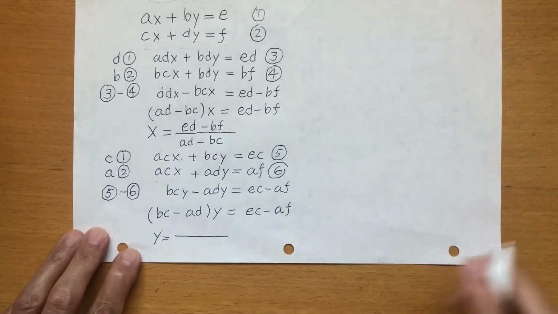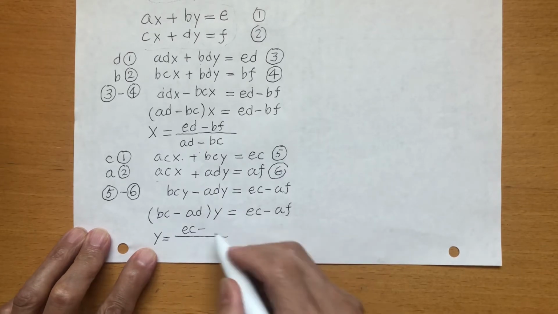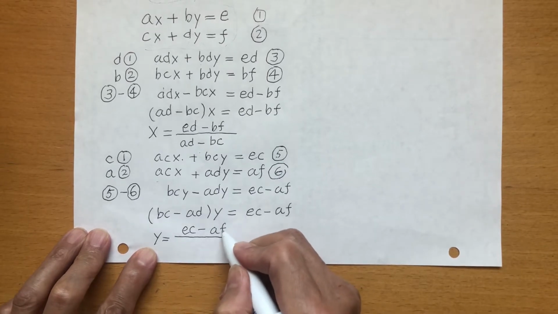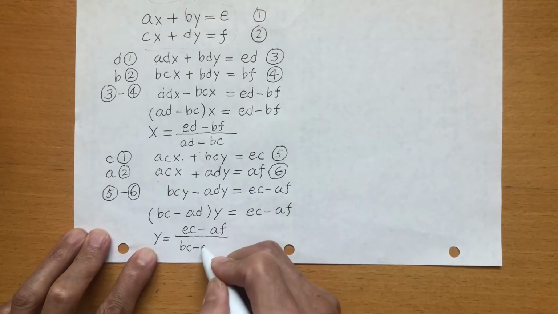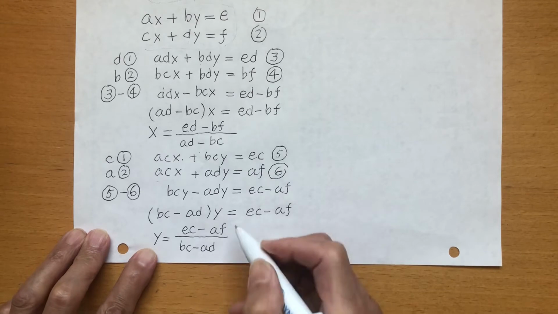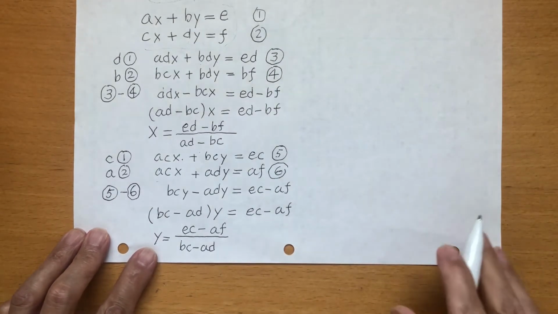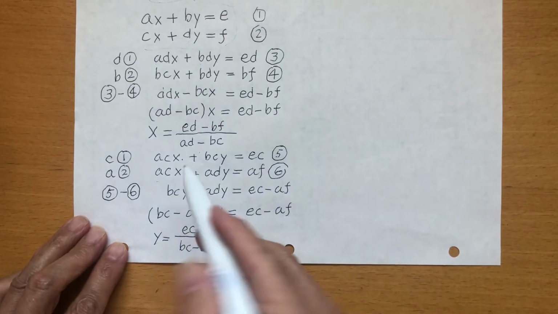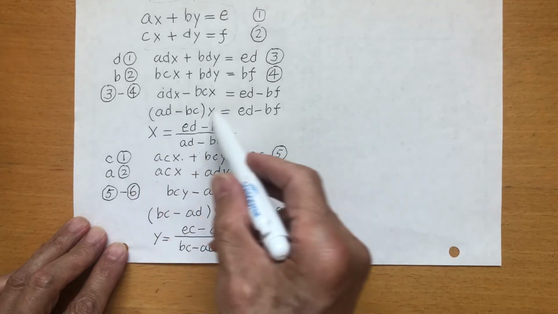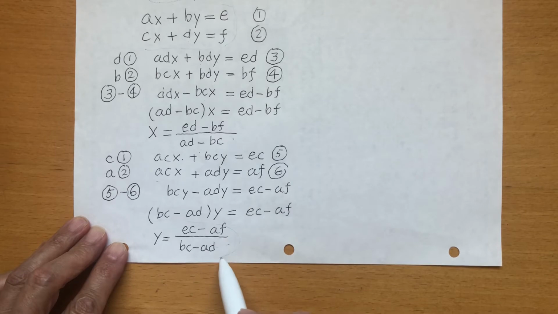Okay. EC minus AF. Denominator is BC minus AD. So this is my formula for Y. So let's see now. I have a formula for X, and I have a formula for Y. They look very similar to each other.